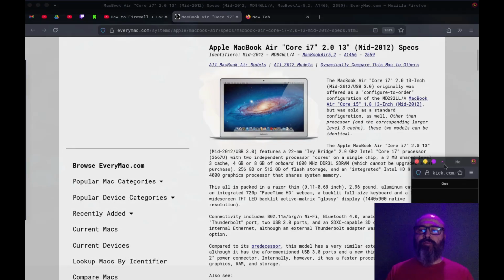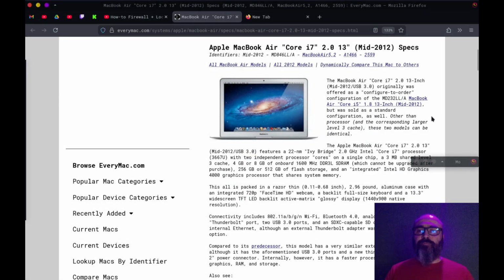Anyway, whatever. So yeah, basically, this system, as I'll show you again using the system's tools, is a mid-2012 MacBook Air using this Core i7, or to be more precise, this one. It's an Intel Core i7 processor, 3667U.